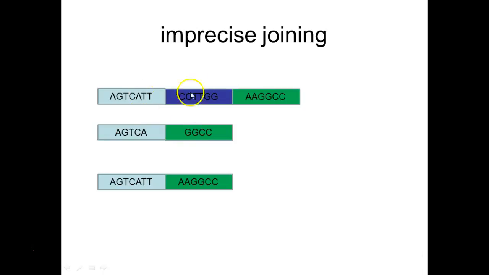So that's one B cell picked both of these segments but joined it together this way, where another B cell picked this segment and joined them together just intact, not eliminating, not doing it imprecisely. So even though they picked the same segments, this guy didn't do it precisely, this guy did. So they're going to be different. Even though they picked the same chunks, same variable regions. Does that make sense to you guys? Yay, I might have succeeded on this one.